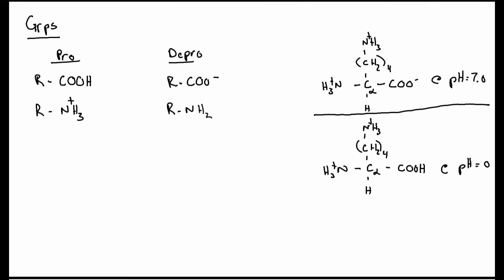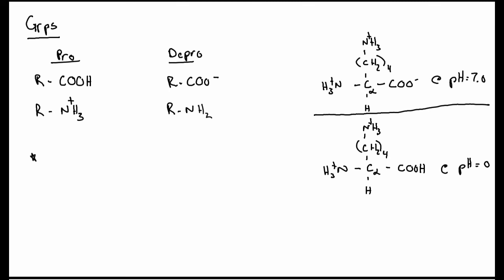Okay, the next step in understanding this: how do I draw lysine at a pH of 11? Something that you need to just remember is that there are fairly simple rules that we can derive from the mathematics found in the Henderson-Hasselbalch equation.